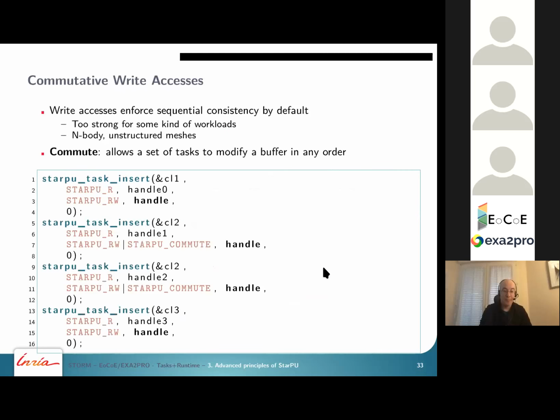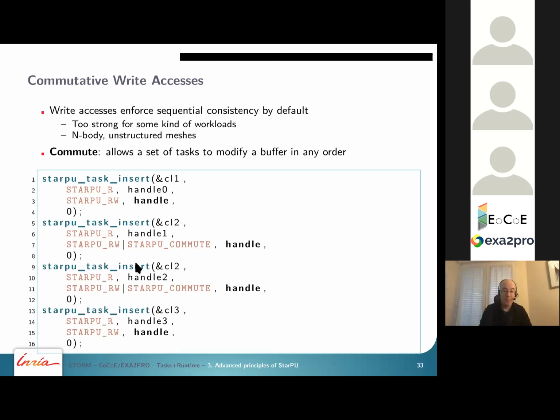So this is how it looks like. We have a task here which writes to some handle, and then we have two tasks here which also write to the handle but with a commute flag, which means that StarPU is allowed to start this task or this task first. That is fine. Whichever is available first can start first.